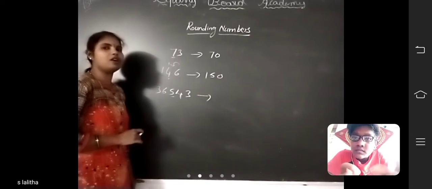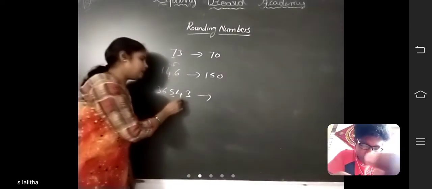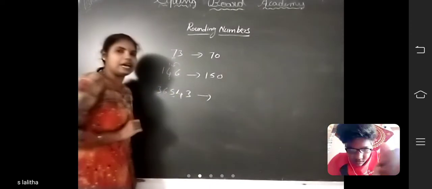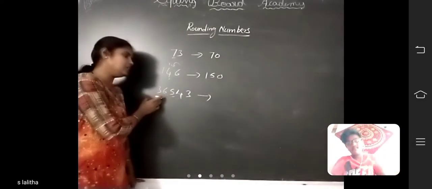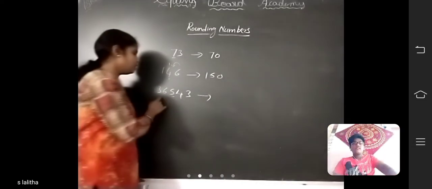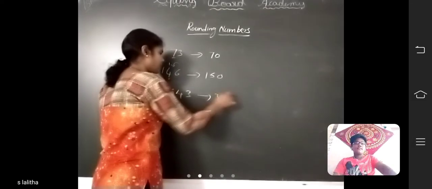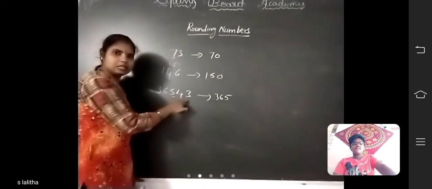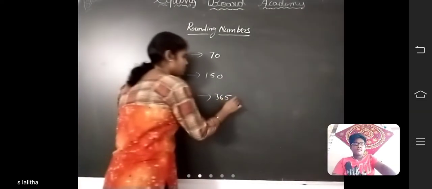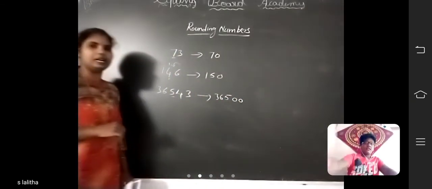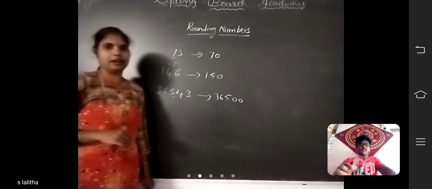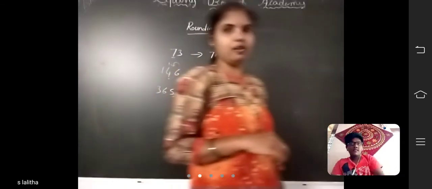Then you replace the tens digit and the units digit with 0, and the remaining digits stay the same. So 365 thousand, with the units place and tens place replaced by zeros. Did you understand? 36,500. Like that you have to round numbers.